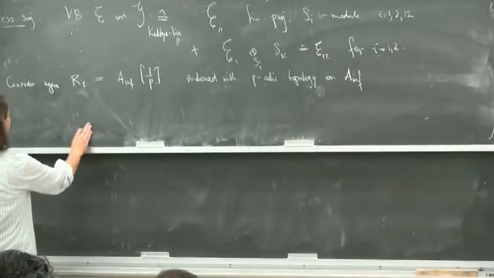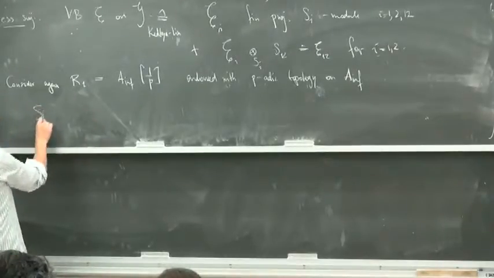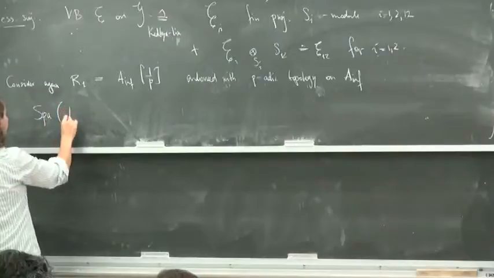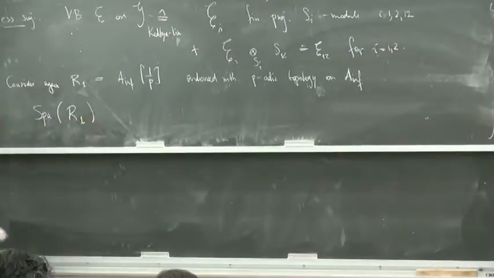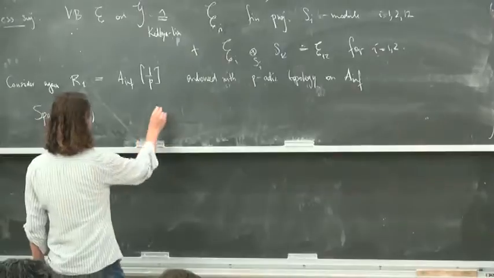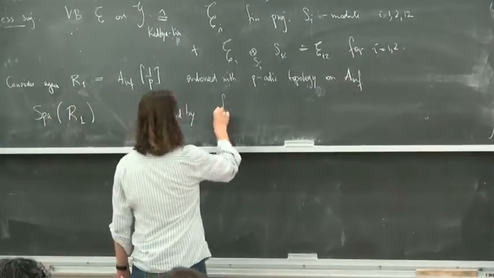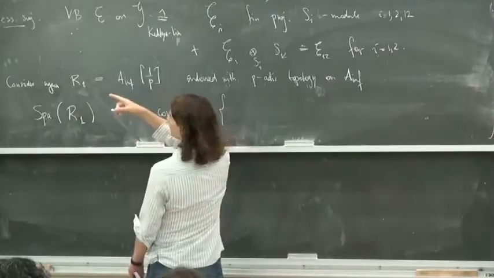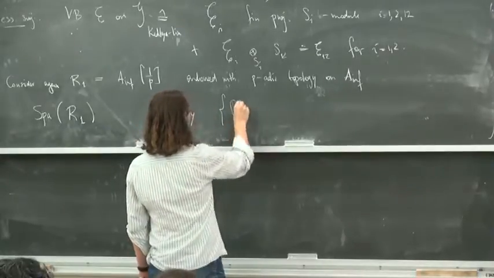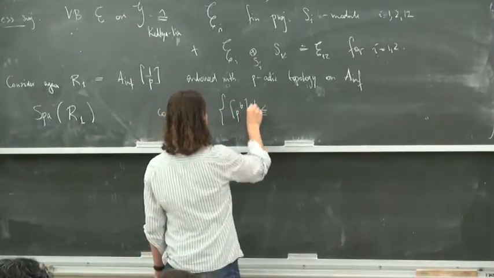So we're really cheating here with the topologies. And so you also have this adic spectrum of R1, but it does not map to the adic spectrum of A_inf because the topologies are incompatible. But still, it is covered by the open subsets where p flat is non-zero.